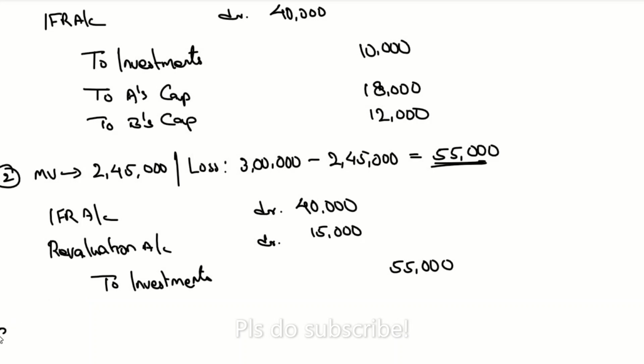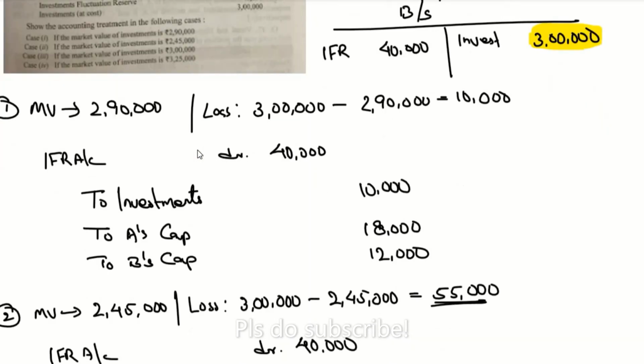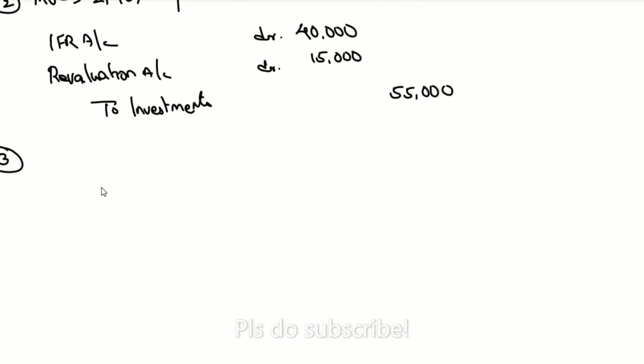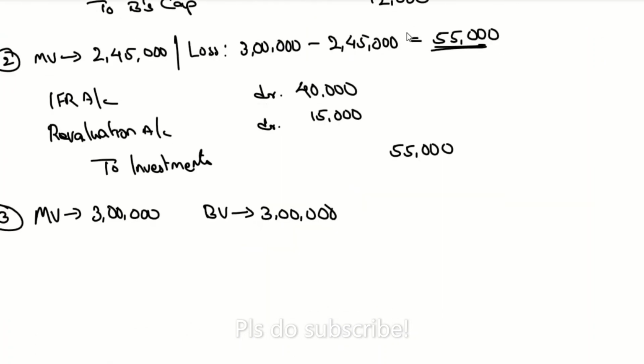Okay, third scenario, if the market value of the investment is 3 lakhs. So in this case, market value is 3 lakh, book value is also 3 lakh, that we have in our balance sheet. So in this case, there is no profit, there is no loss. The complete investment fluctuation reserve fund can be distributed to partners' capital in 3:2 ratio.